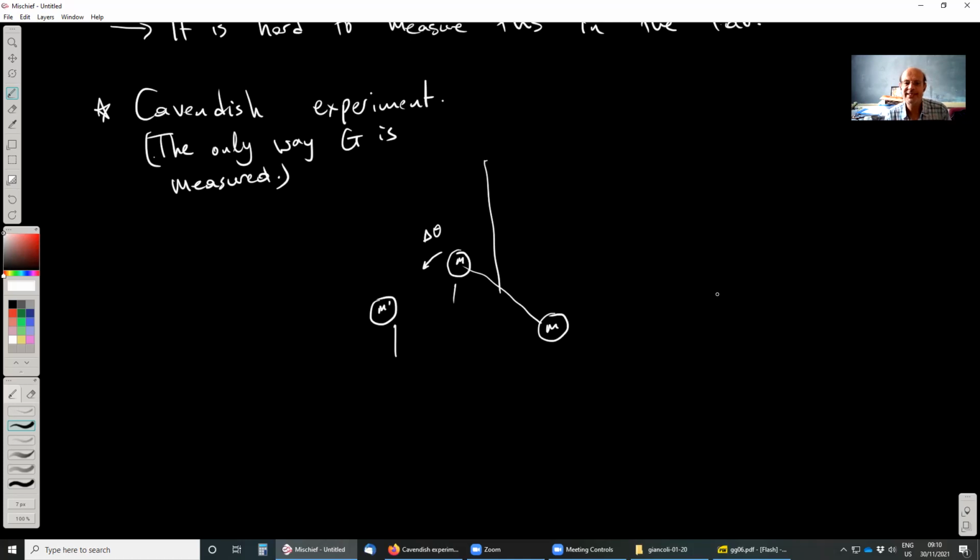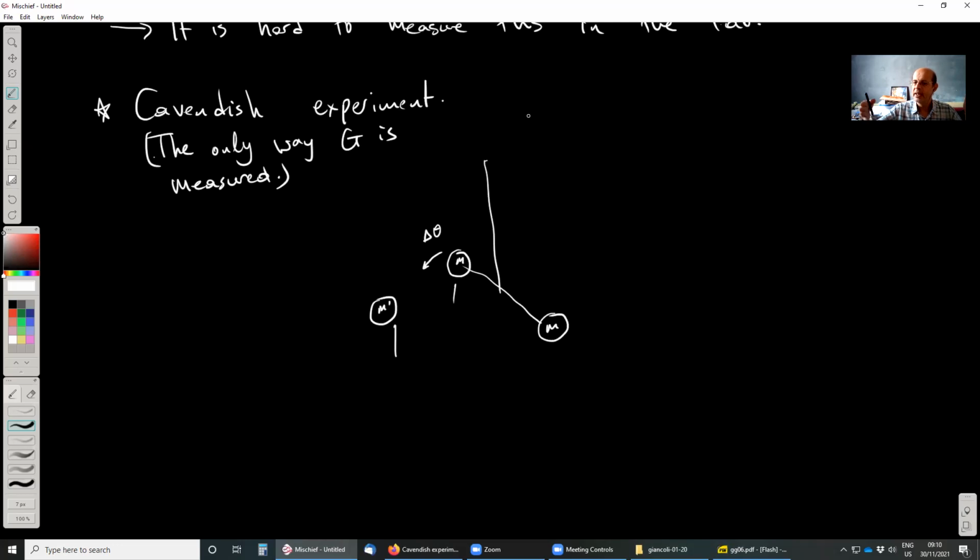And so he was then able to guess the value of G in here. However, Cavendish really did this, okay? He basically computed this by doing an experiment.